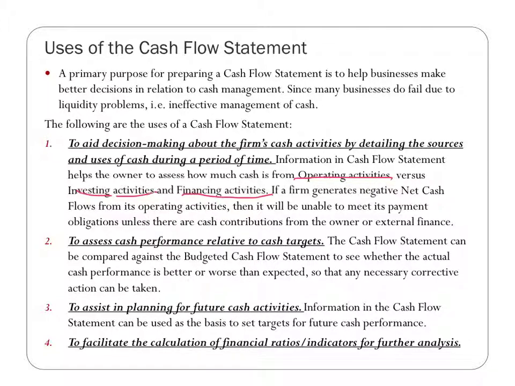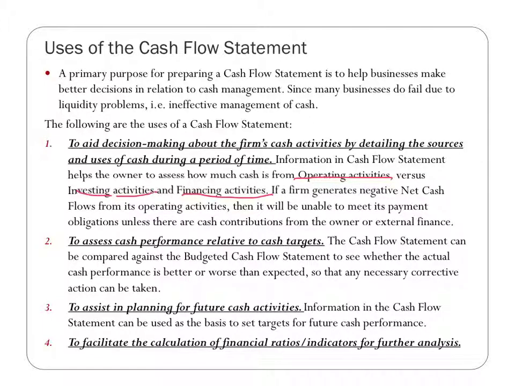So if the business generates negative cash flows from operating activities, this gap in cash flow needs to be made up somewhere in either financing activities or investing activities. Usually it's financing activities.